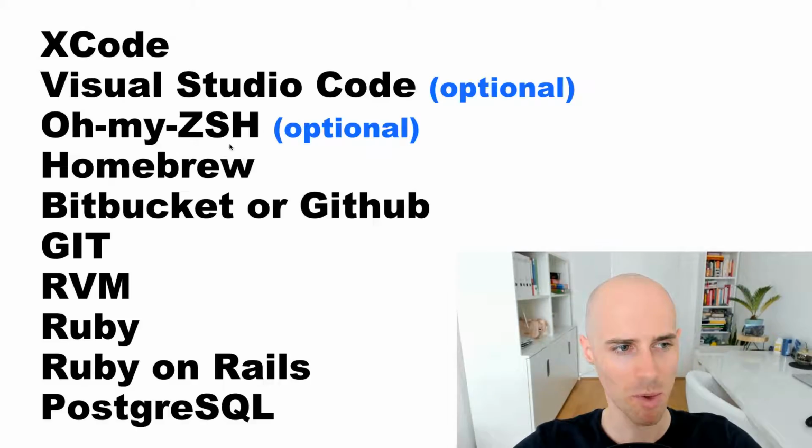The next component we're going to install is oh-my-ZSH. It's also optional, but it's one of the greatest things that I've found out recently. It's basically software that will highlight your command line, your terminal, and it gives you a colorful terminal and you can see in which Git branch you are working.